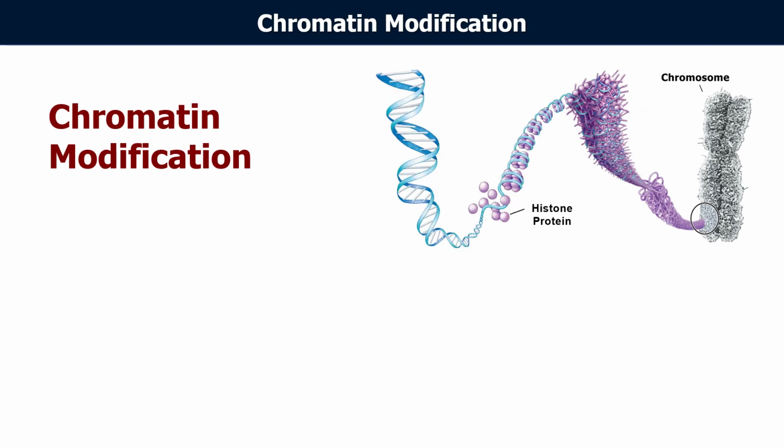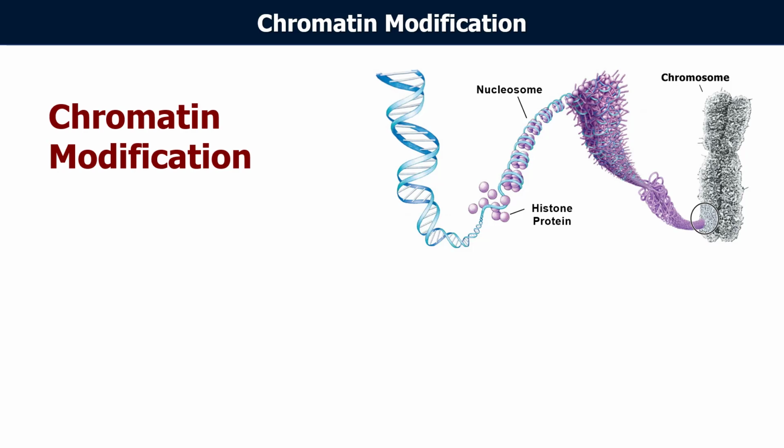So these little proteins are called histone proteins, and the DNA wraps around little clusters. You can see it takes about 8 of them to form a little cluster, and the DNA wraps around that to form little units called nucleosomes, or nuclear bodies. And then the nucleosomes, each one of those little 8 histone with DNA wrapped around it clusters, get all compacted together to form a strand, which then gets coiled even further and compacted into the chromosome.